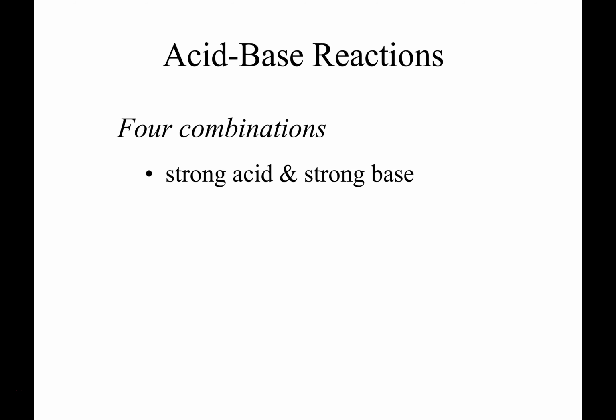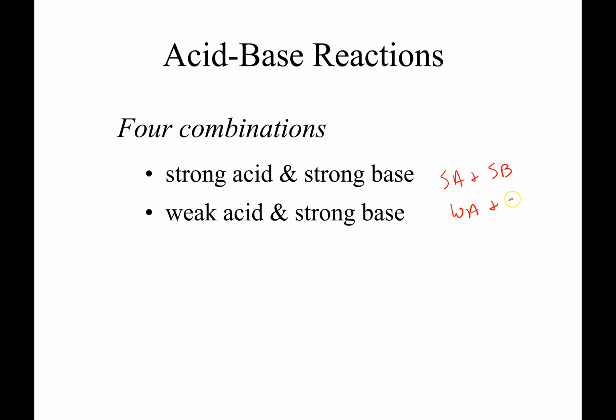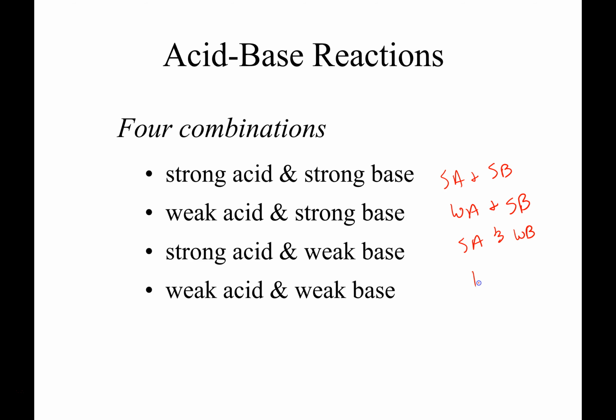So we could have a strong acid and a strong base, so that'd be SA plus SB. We could have a weak acid and a strong base. We could have a strong acid and a weak base. Last but not least, they could both be weak. Weak acid and weak base.